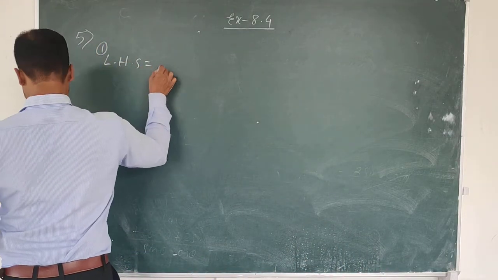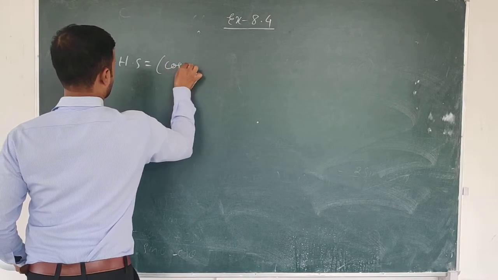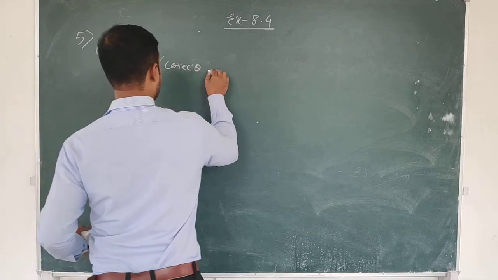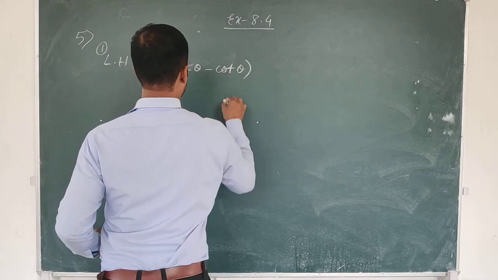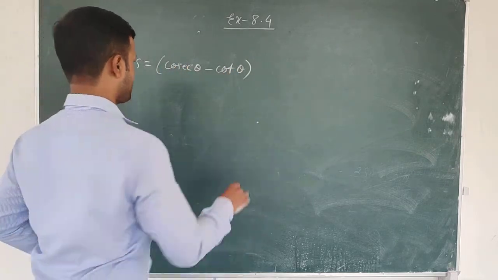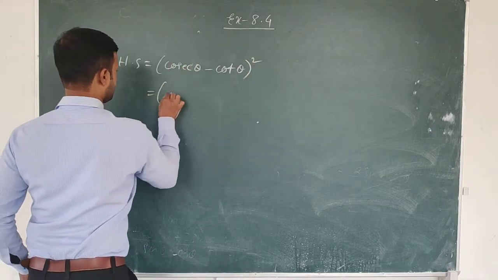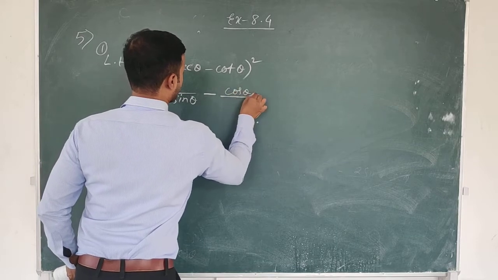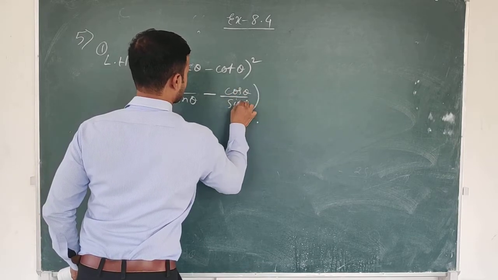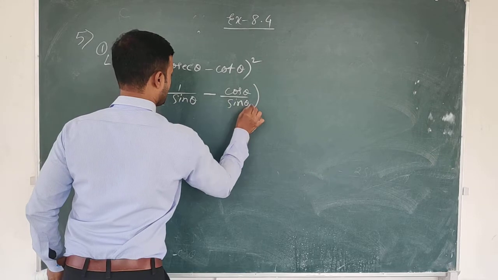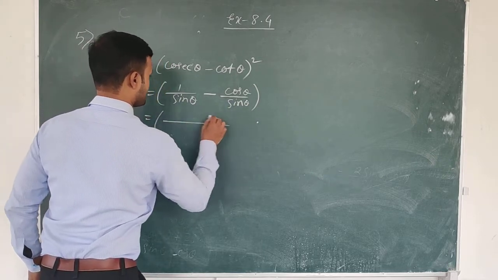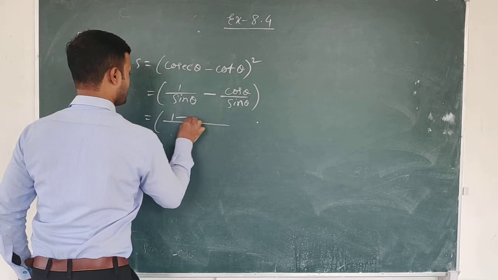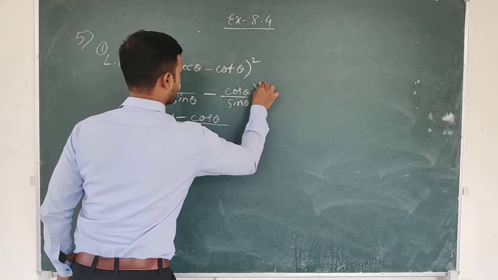So, LHS let us take. LHS equals cosec theta minus cot theta whole square. Cosec means 1 by sin theta and cot means cos theta by sin theta. So, sin and sin LCM will be sin theta, and above I will get 1 minus cos theta.